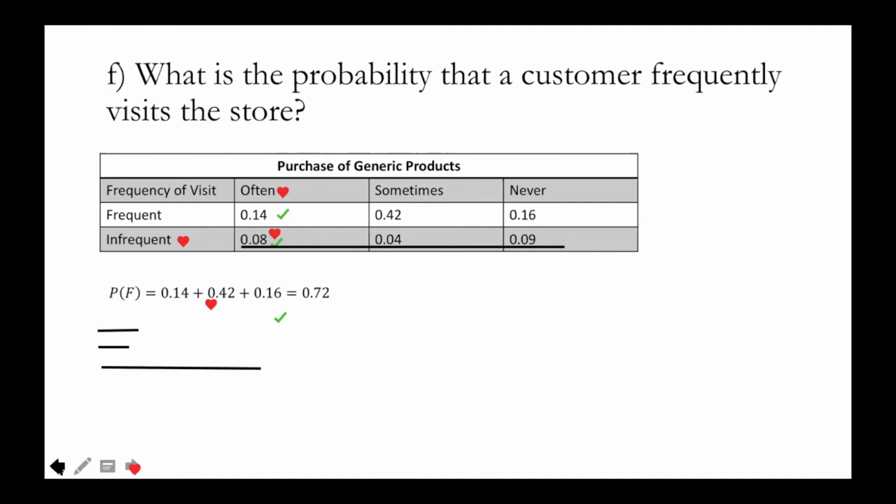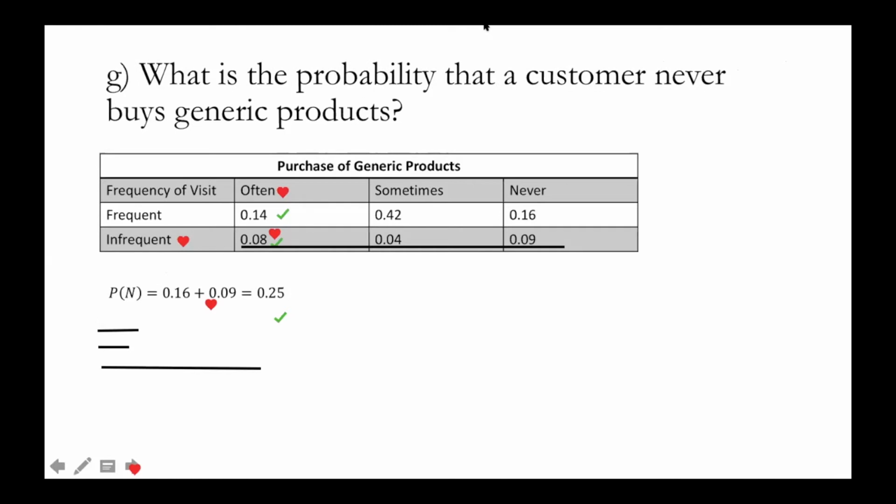And so now, what is the probability that a customer never buys generic products? Then it's simply a calculation of, independently of whether the customer is frequent or infrequent, the probability of never purchasing generic products.